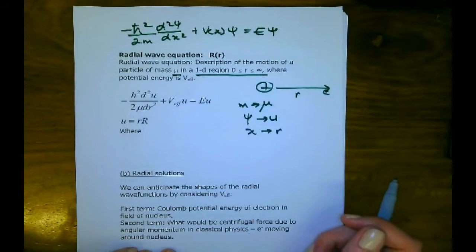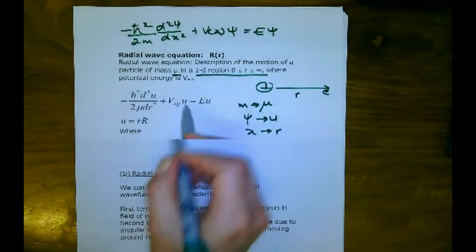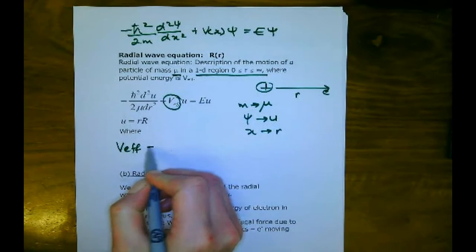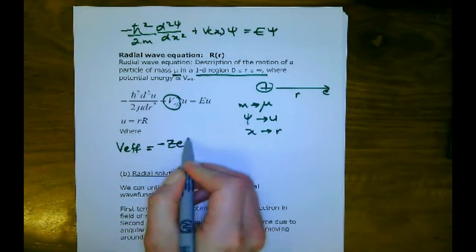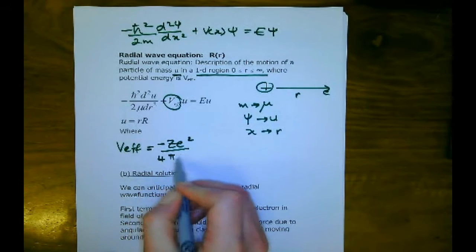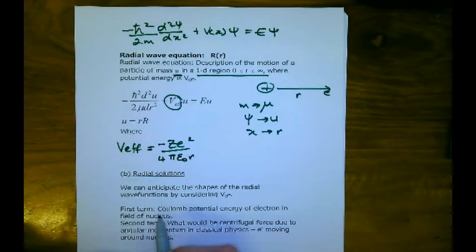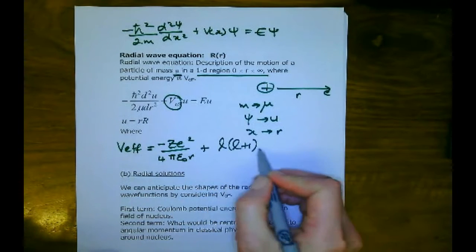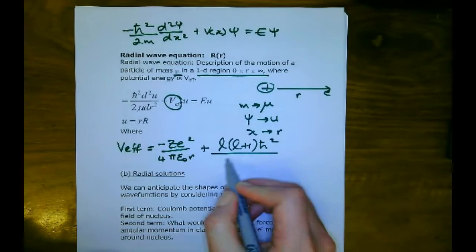And in this case, the effective potential is given by this equation. There's our Coulomb interaction term, but we have to add another term.